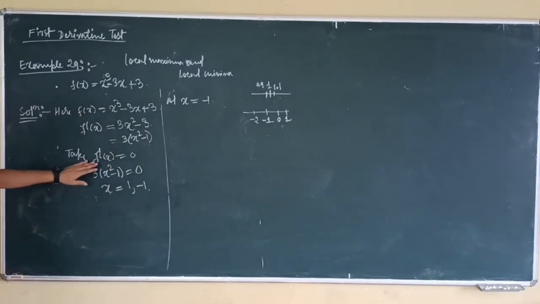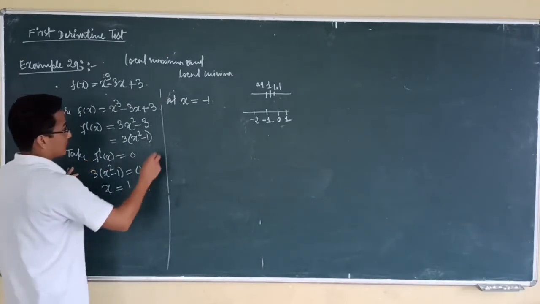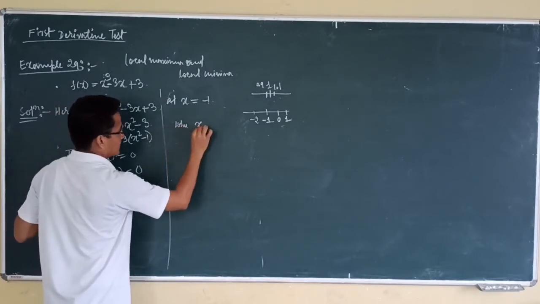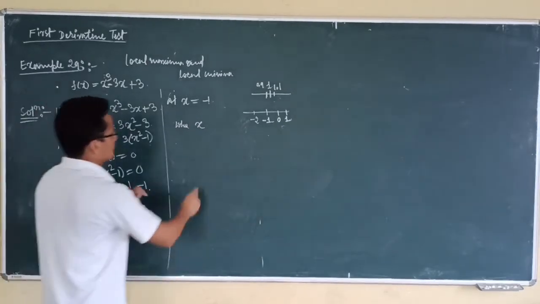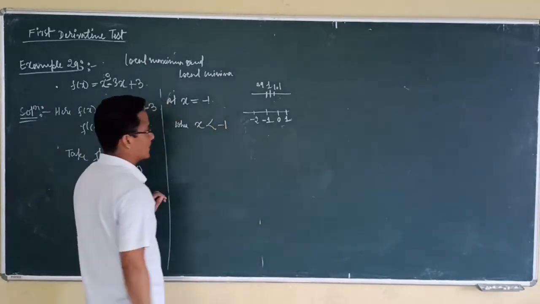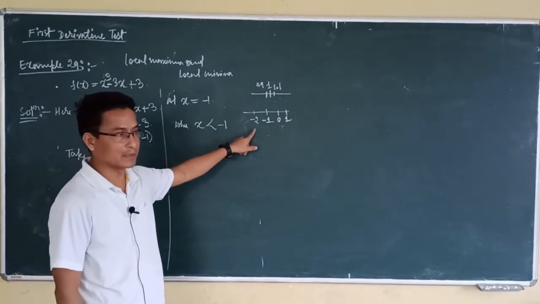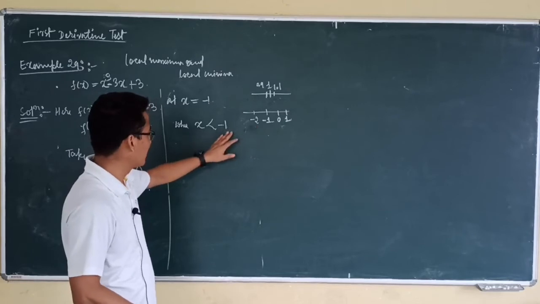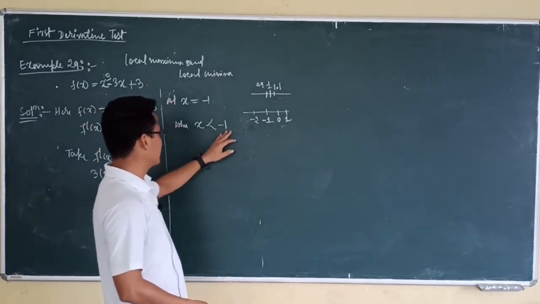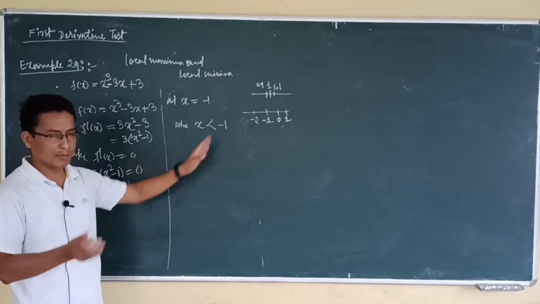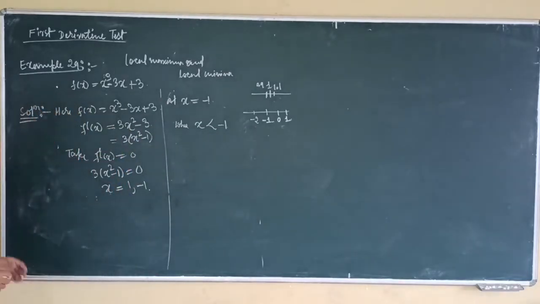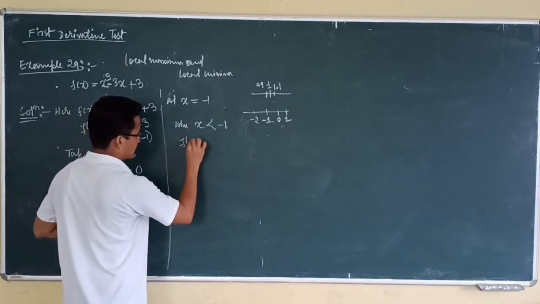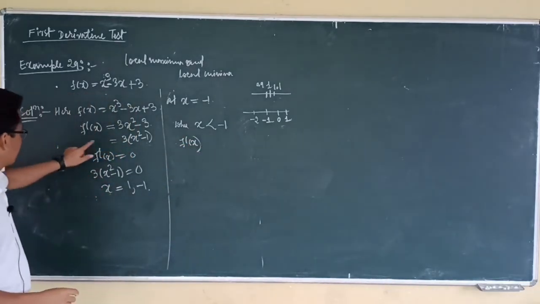So this is our f dash x when x is less than minus 1, that means we take minus 2. When x is less than minus 1, we take minus 2, minus 3, and all the minus values. Now f dash x is this.